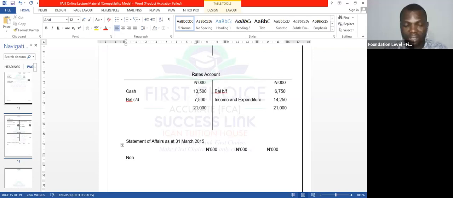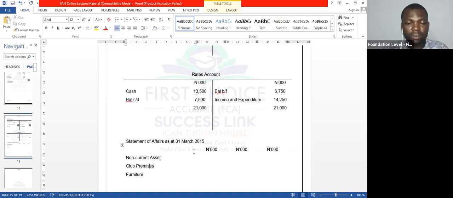So we have the current assets given to us. We have club premises, and after club premises, we have furniture. What is our cost for club premises?